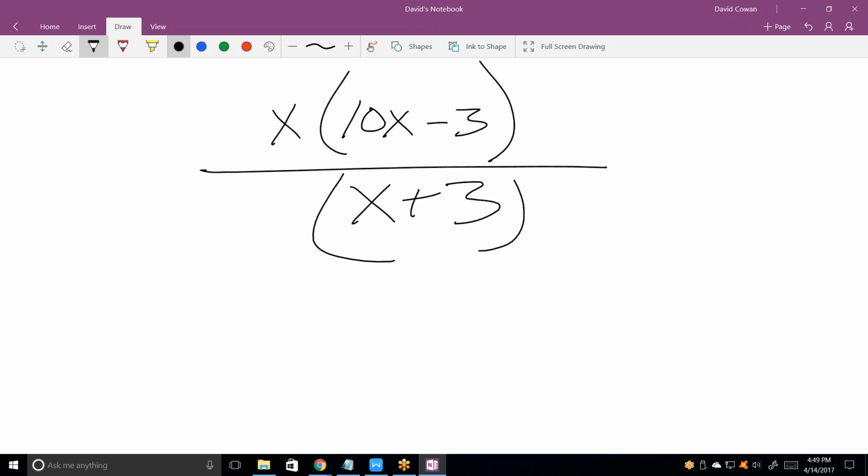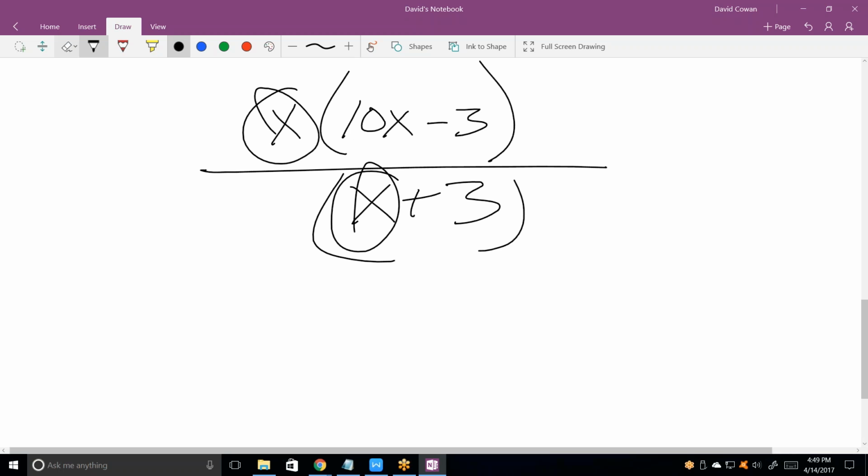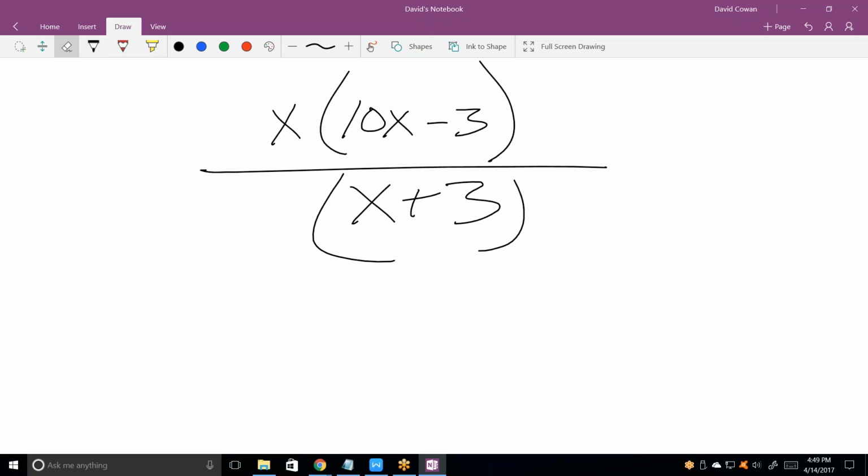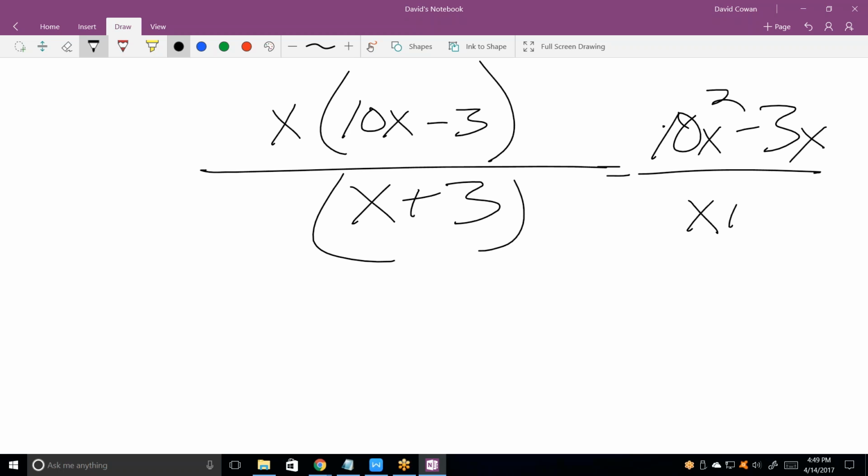And I cannot cancel anything. In other words, there's no way to cancel that x with that x or anything else. So this really should be the answer that's given at the bottom of the page. Now you might say, well, should we multiply the top together so that we get this? And I'm guessing no, we shouldn't. Again, factored form is better than unfactored form.